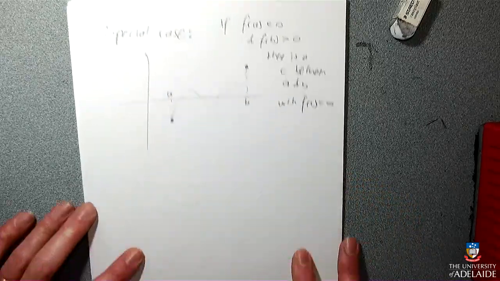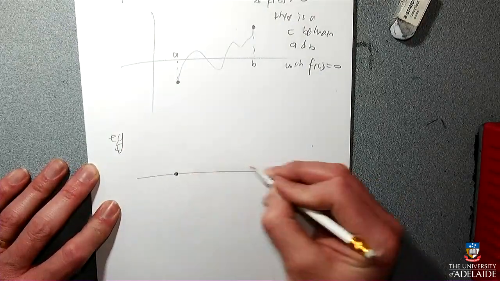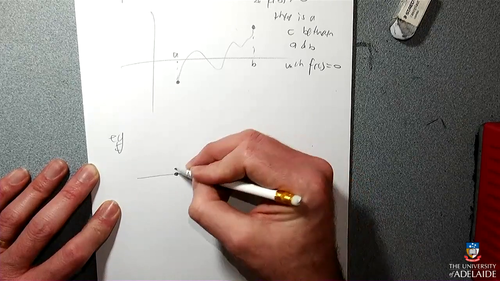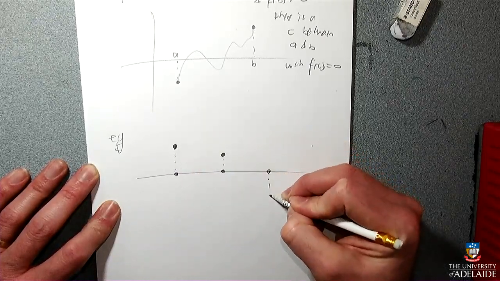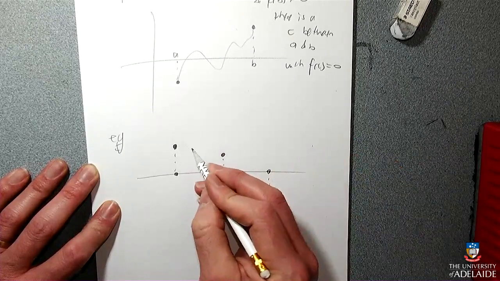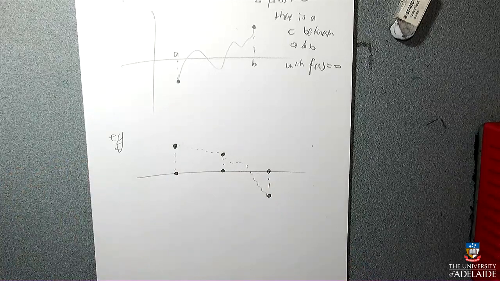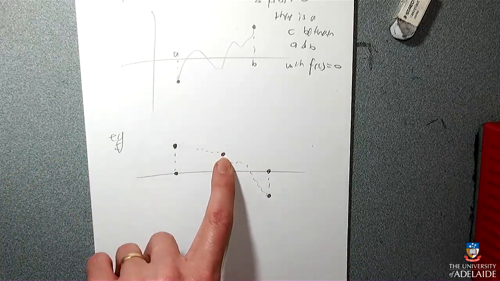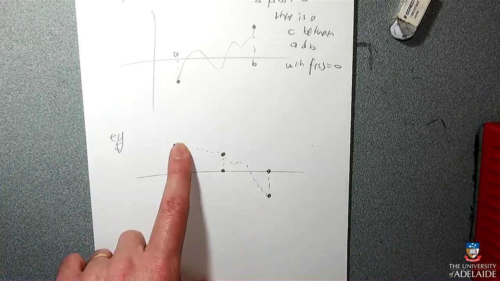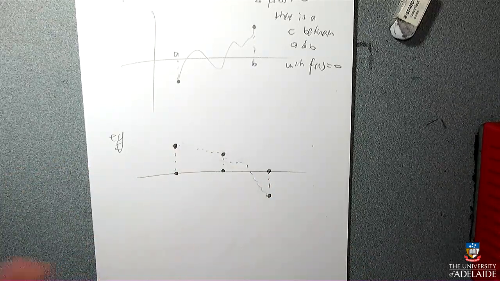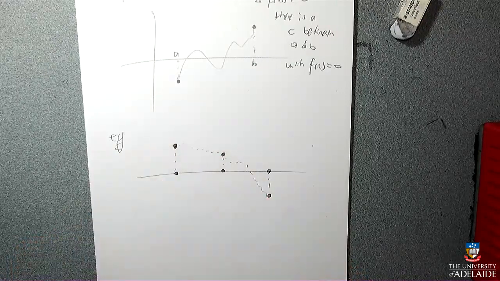So if I had a function like this, and I didn't know what happened in here, I would know definitely that it would have to cross the x-axis between here and here. It might still cross the x-axis here, because it might come down then come back up again, but I don't know for sure because all I know is these 3 points. That's the idea behind it.